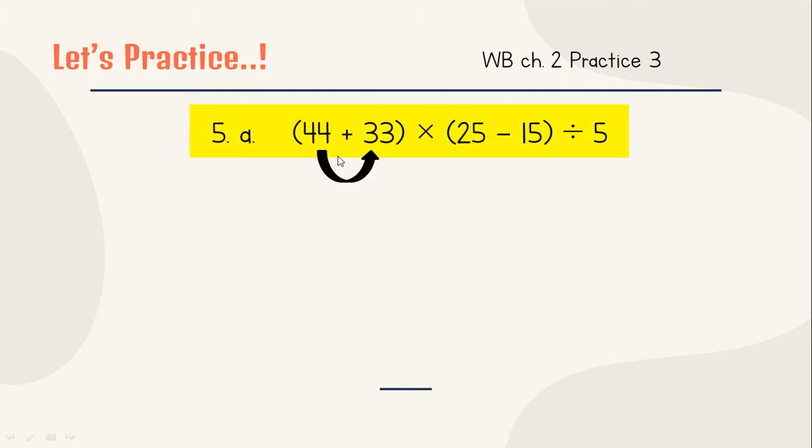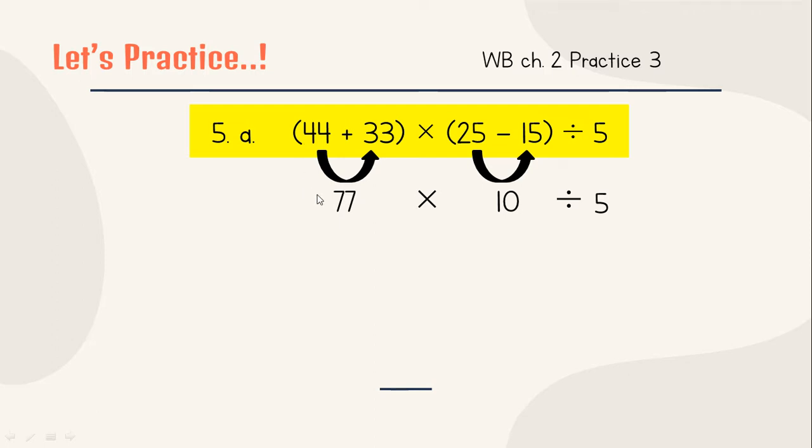Now 5a, everybody please look at 5a. Within the bracket is the first step. Within the bracket, 44 plus 33 equals 77. Within the bracket, number 2, 25 minus 15 equals 10. After that, that's it, right?